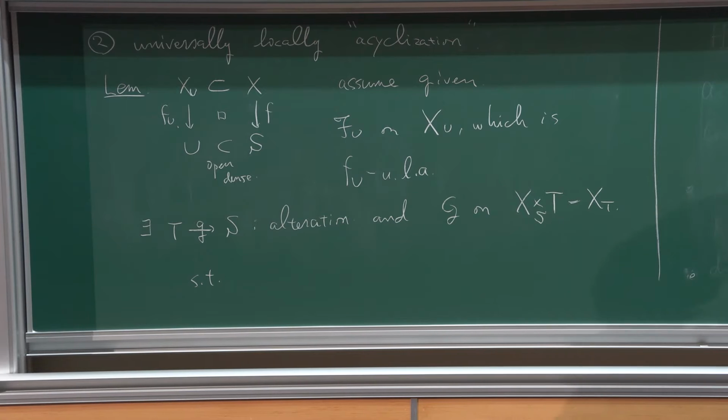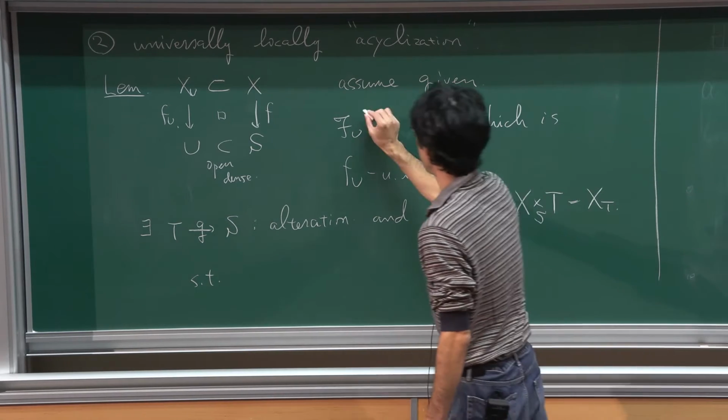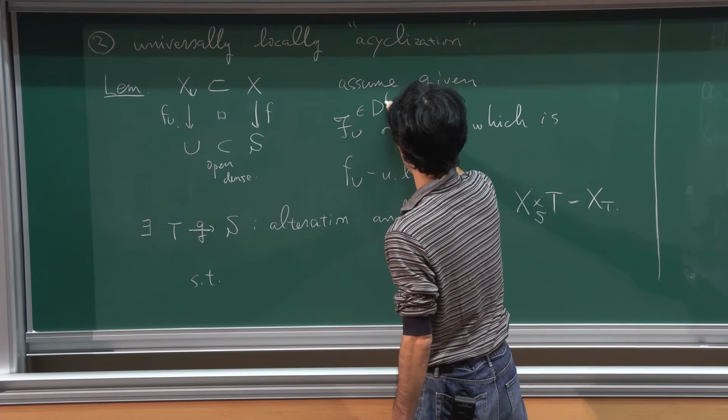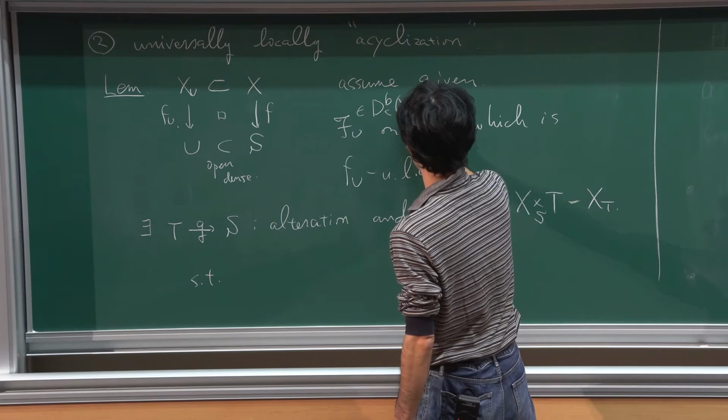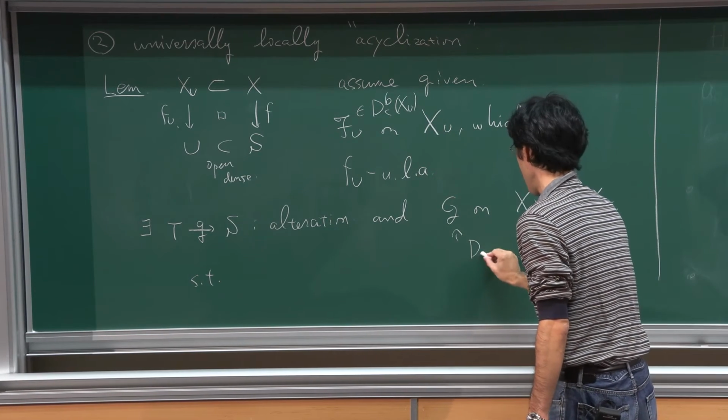By the way, it's really essential to work in the derived category. If this guy is in the bounded derived category of X_U, even if you start from a sheaf, this may be in the derived category.